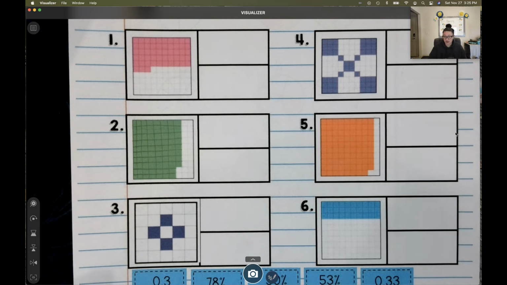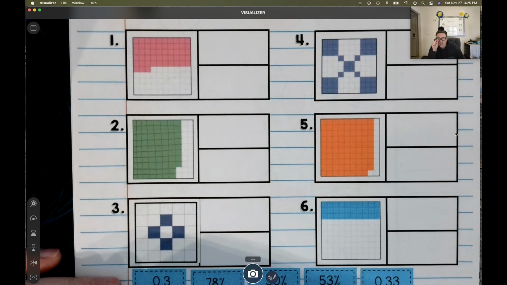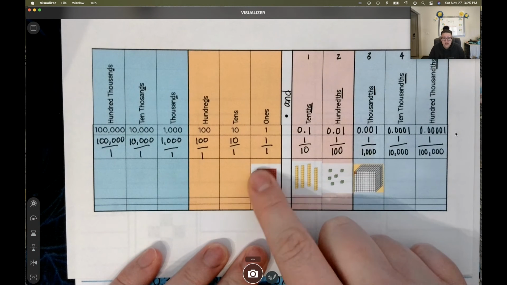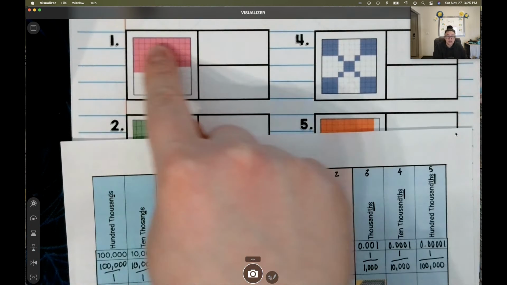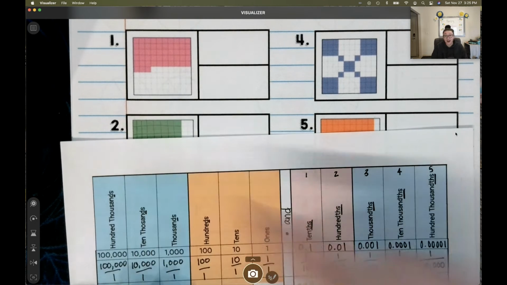In case you forget, you can always come back and take a look at this place value chart to help you out. But the biggest thing to remember here is that when we see this big, huge piece, do you remember how much each one of those little blocks is? Each one of those is 1/100th. So if I have one of these big squares, how many is that? 100.